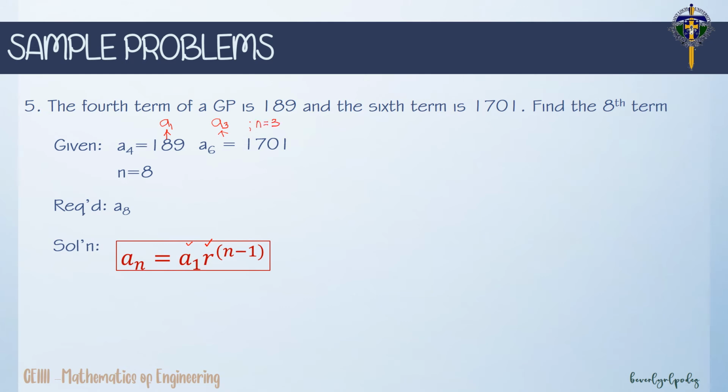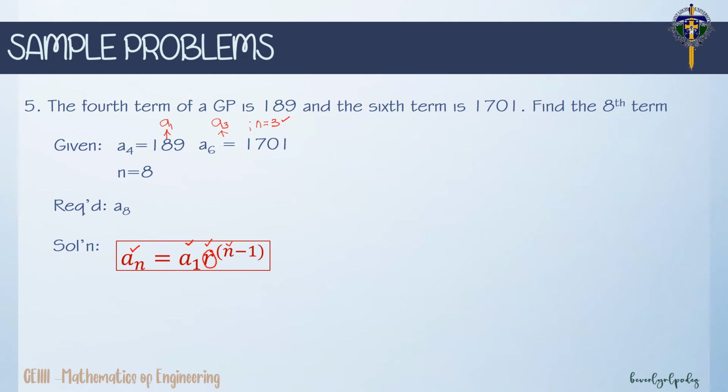And going back to our equation and analyzing it, since a_n now will be our third term, which is known, a1 is also known, n is also known, then we can solve for the value of the ratio.